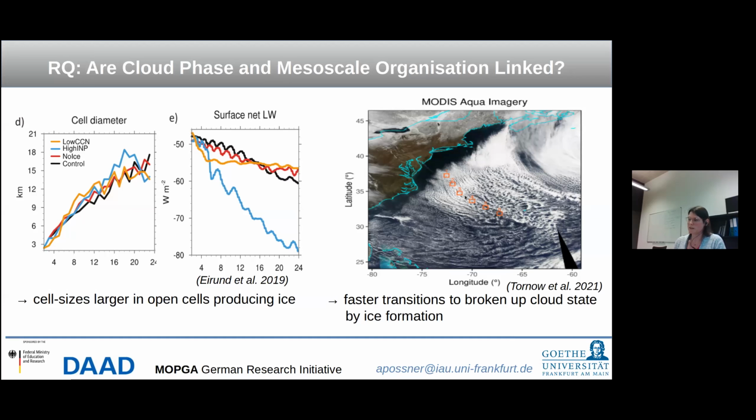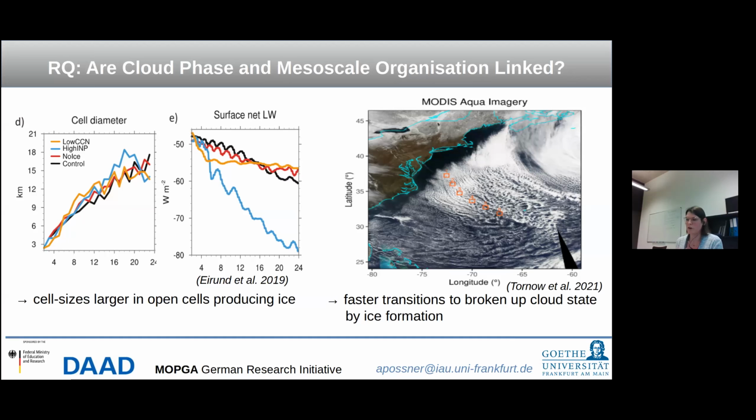now suggest that this transition from the closed cell to the open cell state is actually accelerated by ice production within these clouds. It takes longer to generate the same amount of precipitation through the liquid phase. So to make a cloud rain, it takes a little while to have all these little cloud droplets collide and form larger rain droplets.